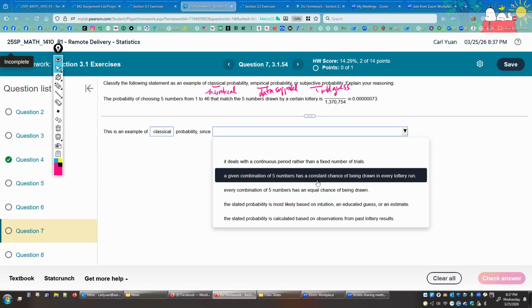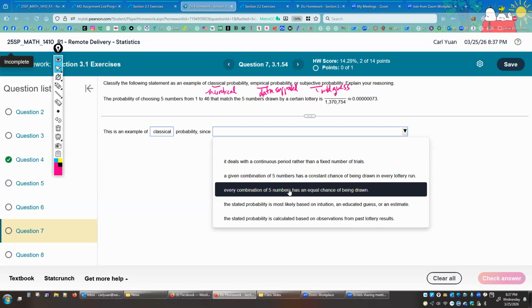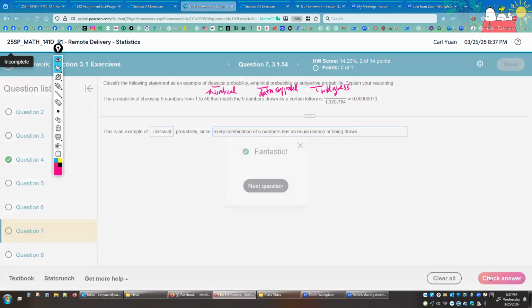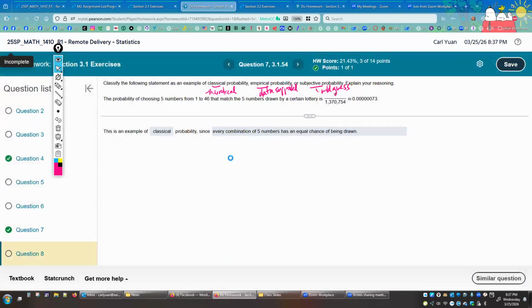Once again, we're trying to pick 5 numbers, playing the lotto. Every combination of 5 numbers has equal chance of being drawn. I like that one. Let's see if I'm right.